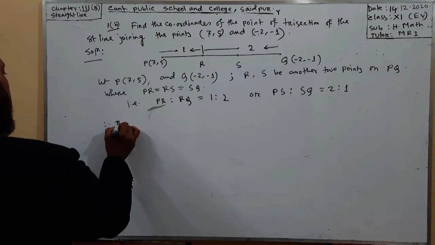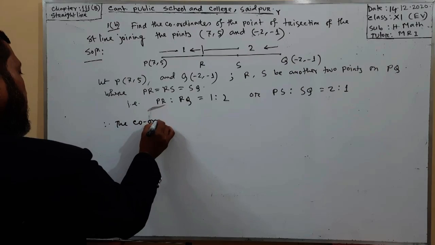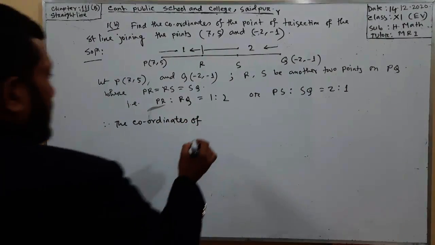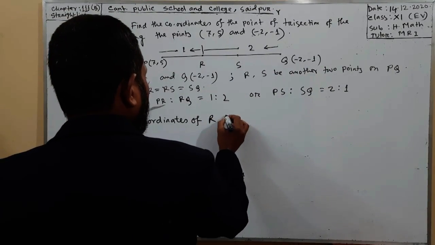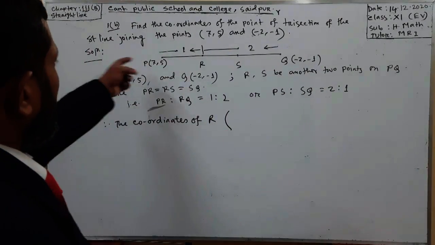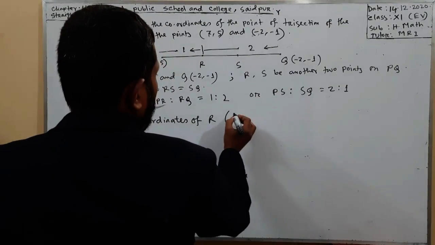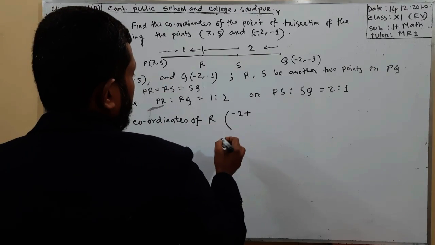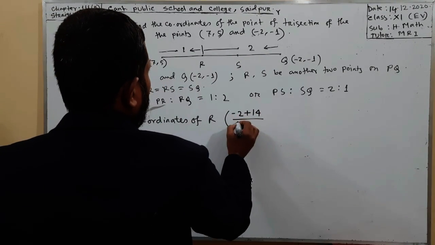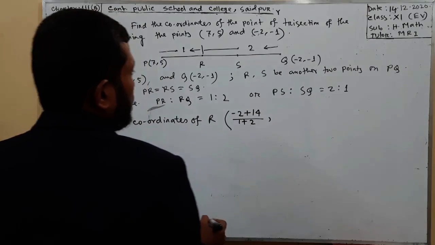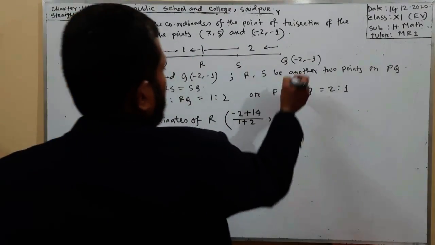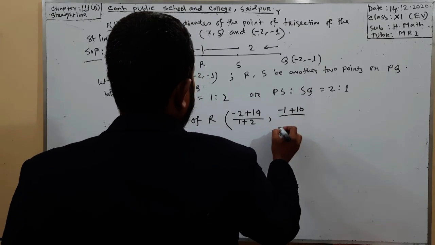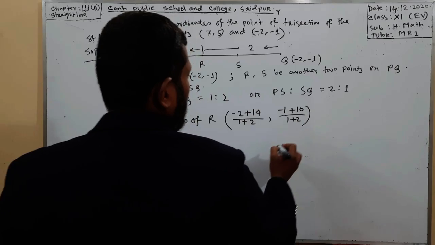So the coordinates of R will be (1 multiplied by -2, this will be -2, plus 2 multiplied by 7, that is 14) divided by (1 plus 2), and (1 multiplied by -1, here -1, plus 2 multiplied by 5, this will be 10) divided by (1 plus 2).